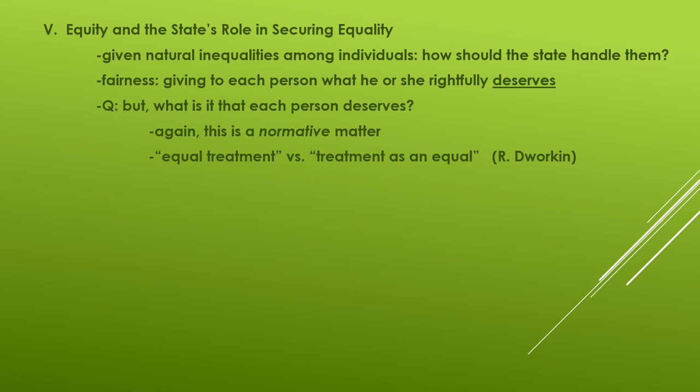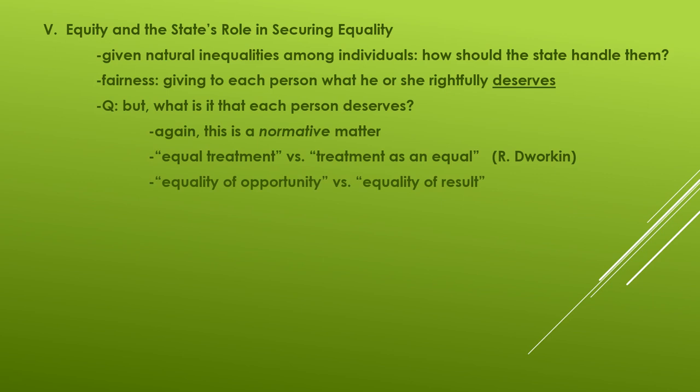Because really the point is to make that individual stop engaging in that behavior. So treatment as an equal means serving our citizenry in a way such that they are treated equivalently. Okay, very different model, right?